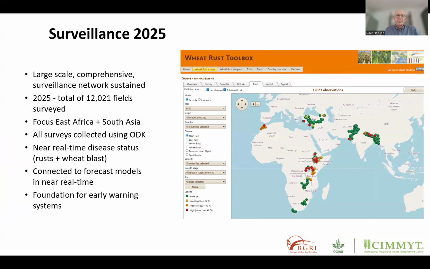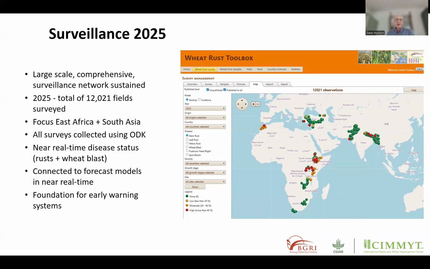For surveillance, you can see here the map of surveillance activities undertaken by partners in 2025. You clearly see that we're able to maintain large-scale surveillance activities. There are over 12,000 fields surveyed by partners last year, with a focus on East Southern Africa and also South Asia.